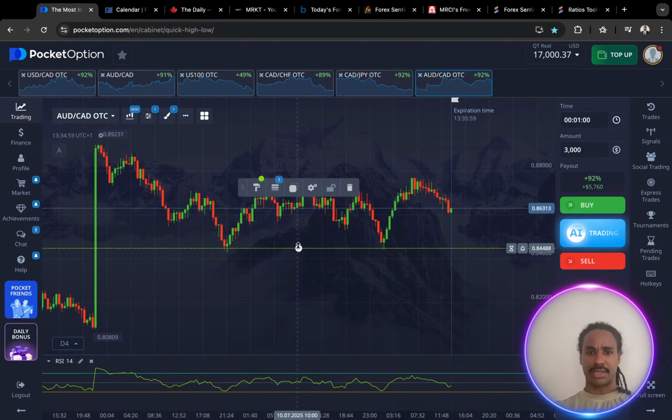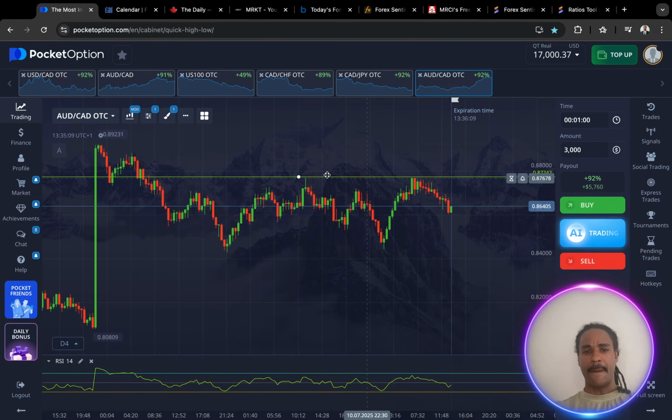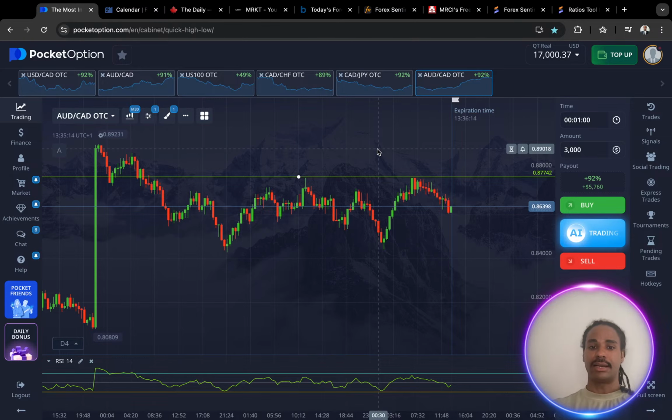This is support. If you see the same instance on the upper side, which is the resistance, price seems to have some kind of limit. So price will never get out until a certain force in the news event, or buyers are over the sellers and so forth. So this is just understanding technical.